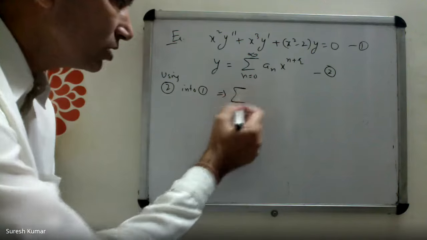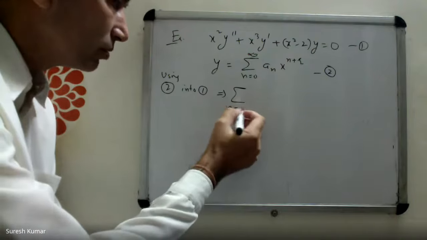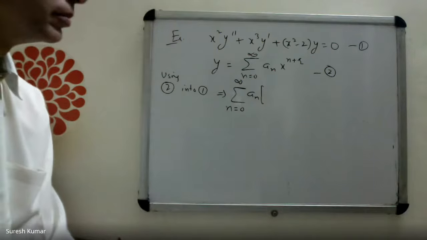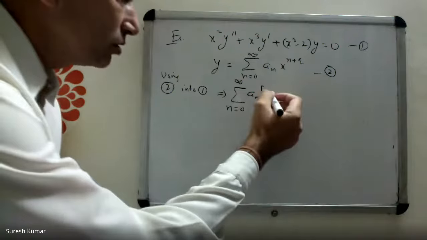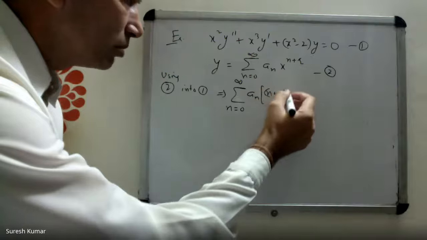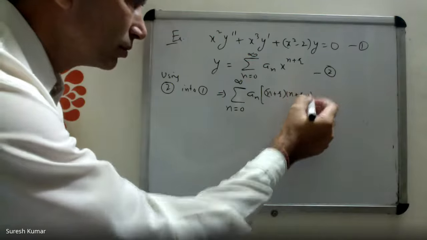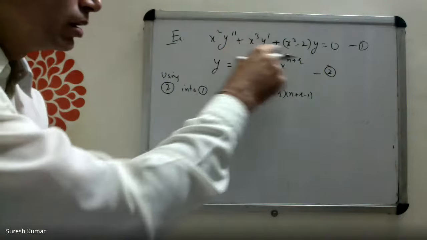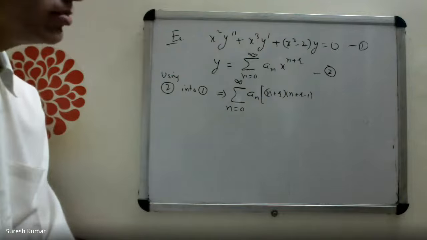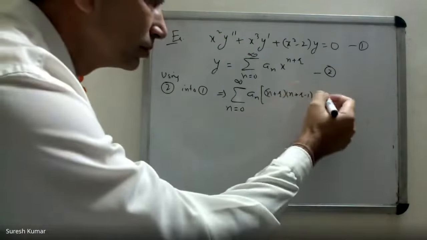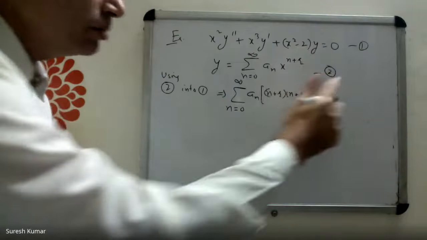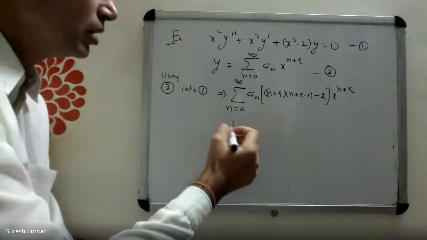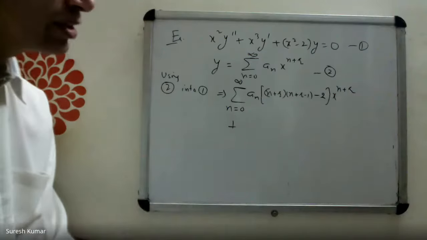Just see what do you get with n plus r. Just collect the coefficients directly. With n plus r, first you get n plus r into n plus r minus 1, right? From here, what do you get? Minus 2 times, directly y means x power n plus r. Remaining two terms, you know the power of x is n plus r plus 2.